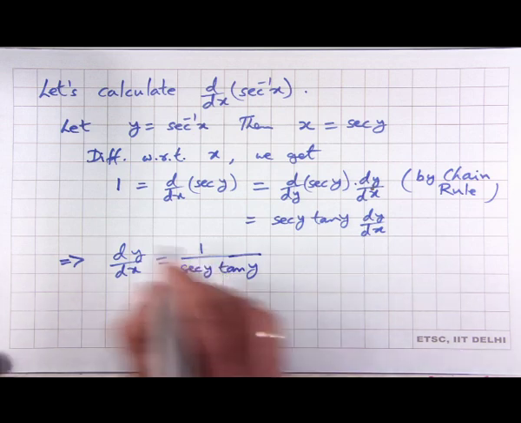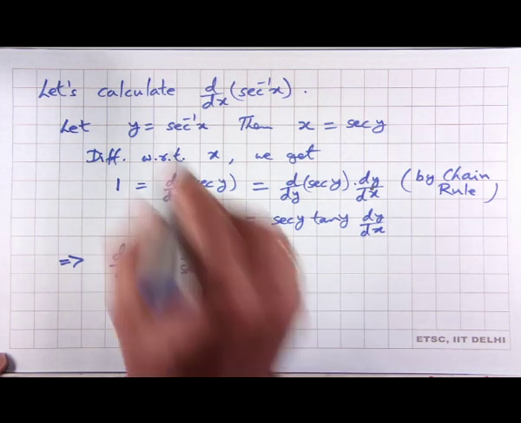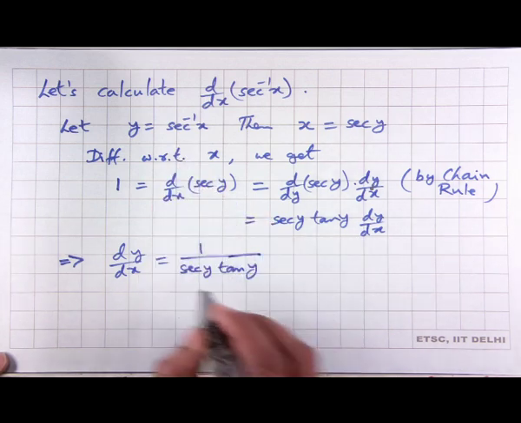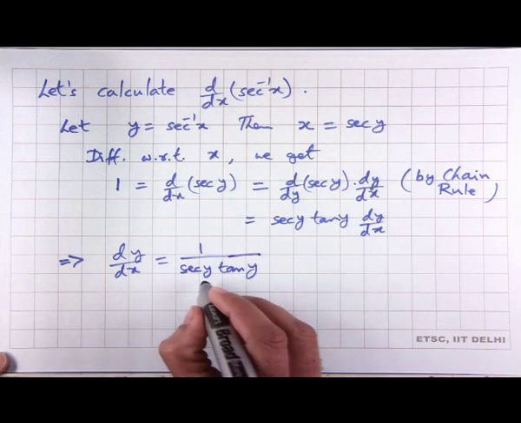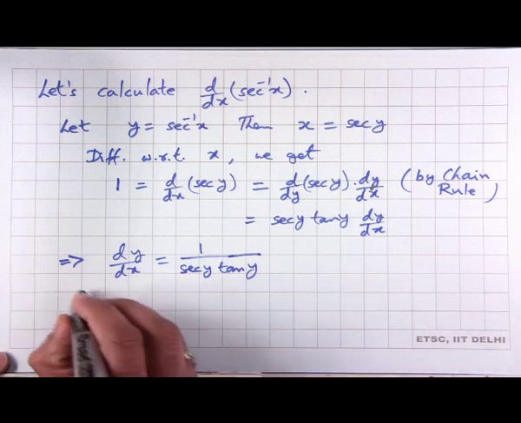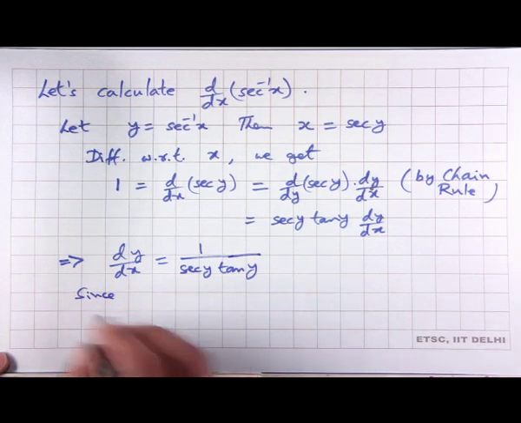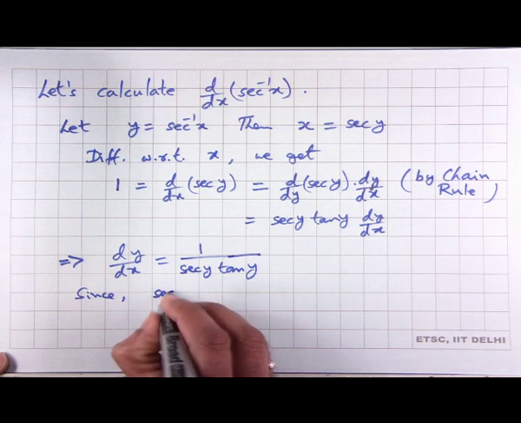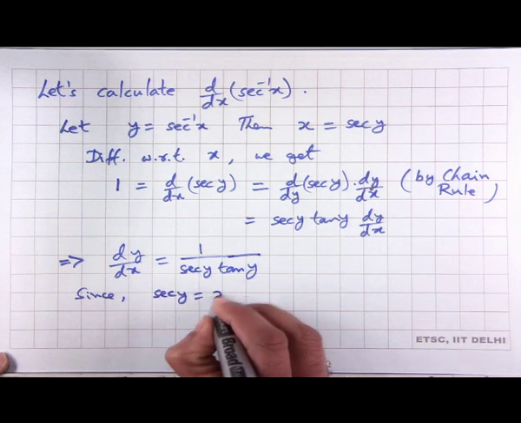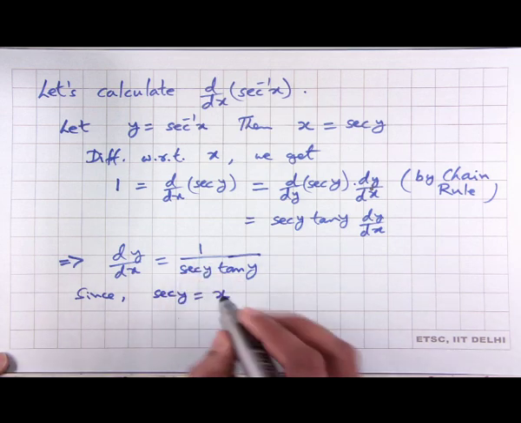We want to express this derivative in terms of x, y was secant inverse of x. So, since secant of y is equal to x, I can replace secant y by x here.